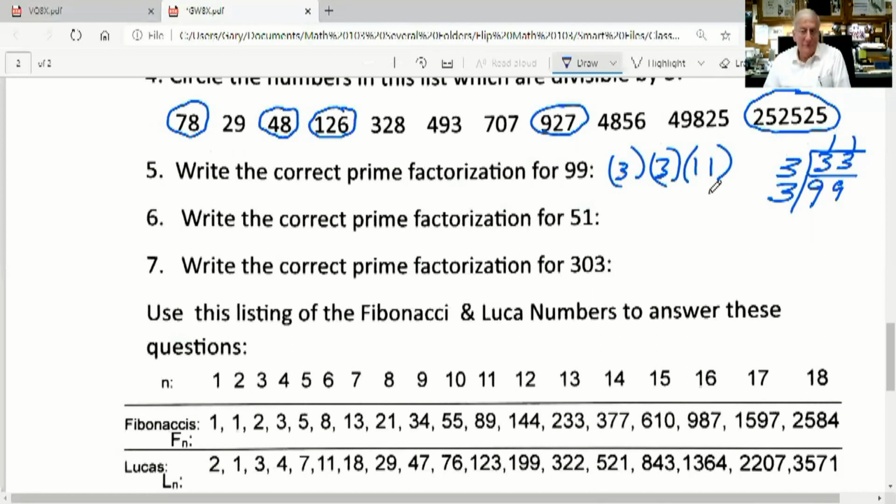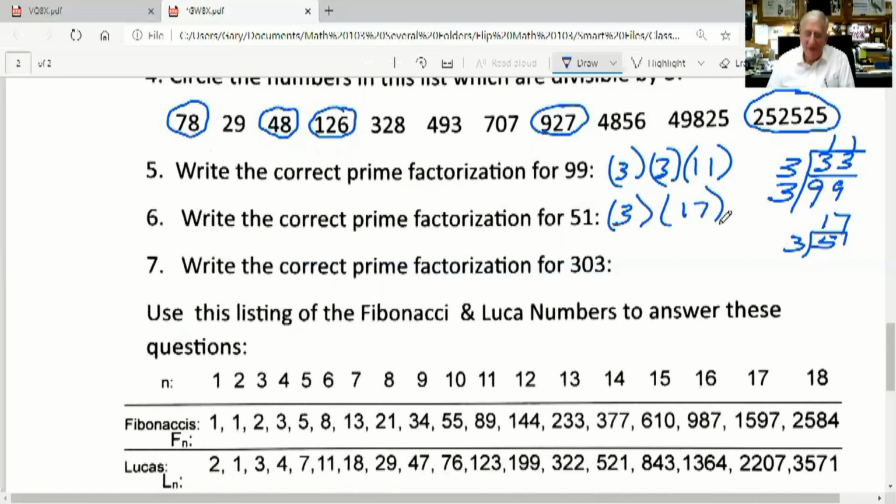For 51, of course, we went over that one a little while ago. We noted that 5 plus 1 adds up to 6. So we know that 51 is divisible by 3, and it goes 17 times. So the prime factorization for 51 is 3 times 17.